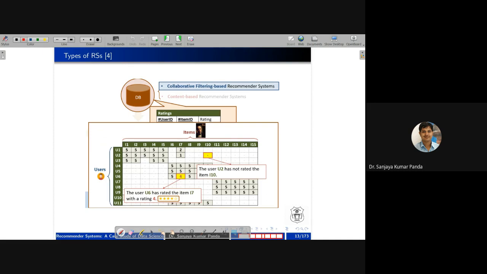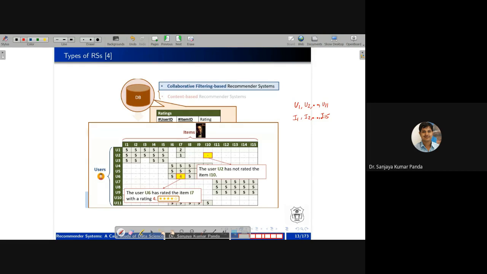As I said, the rating matrix is the same as, you can say, a Microsoft Excel file. Like here, you can see there are 11 different users and 15 different items. The 11 users are numbered U1, U2 up to U11, and the 15 different items are given as I1, I2 up to I15.